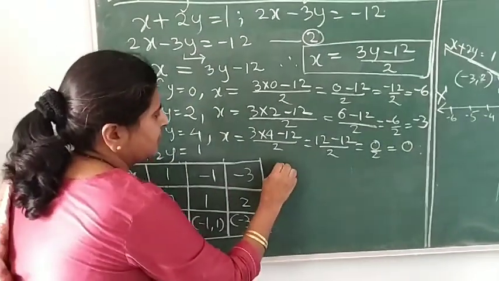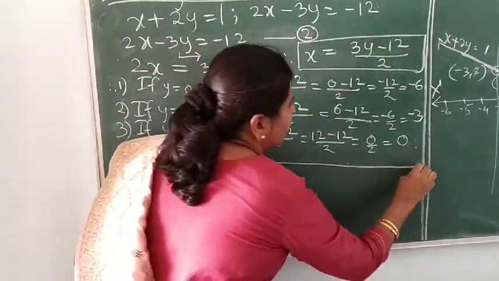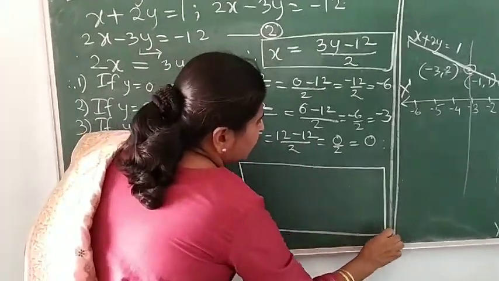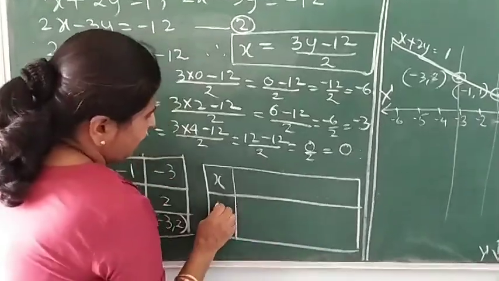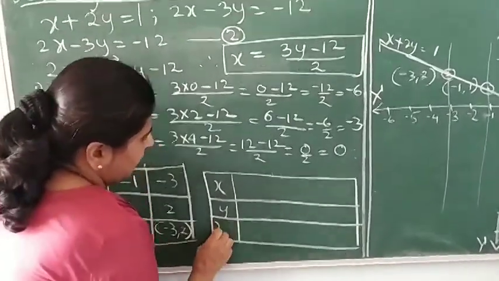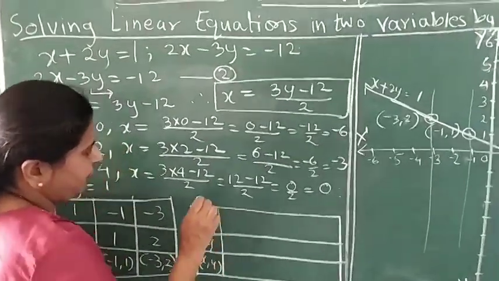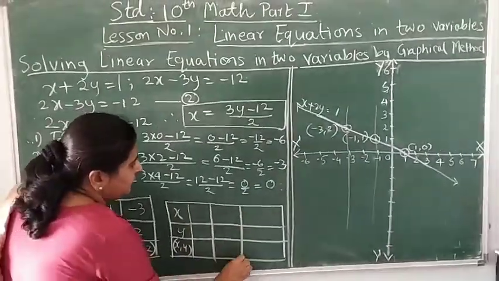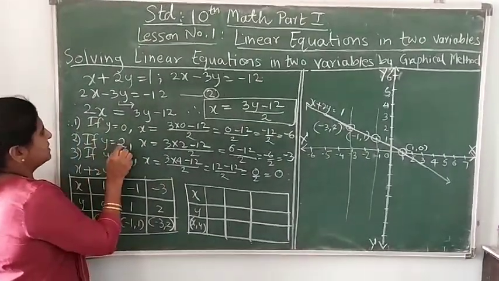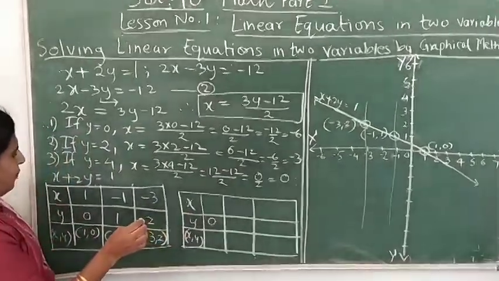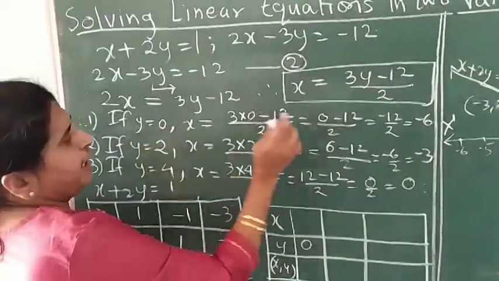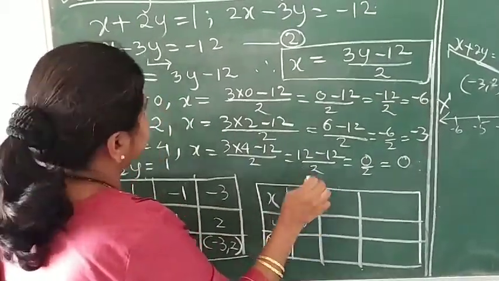So now let's have another table for line 2. This is x, y and the pair x comma y. For these three values, first y is 0. Now we put the value of y as 0 and the value of x we have got is minus 6.